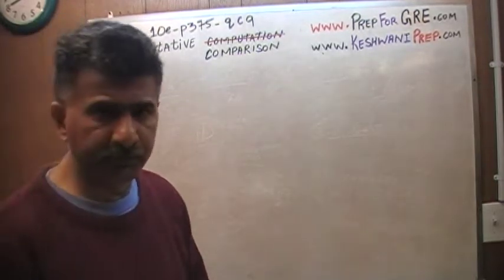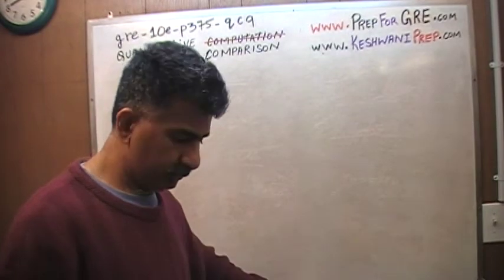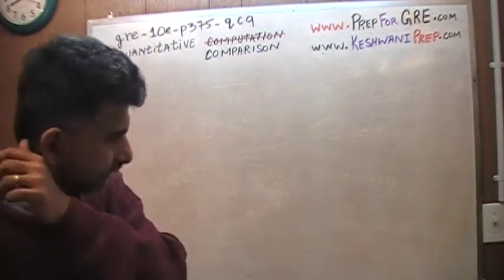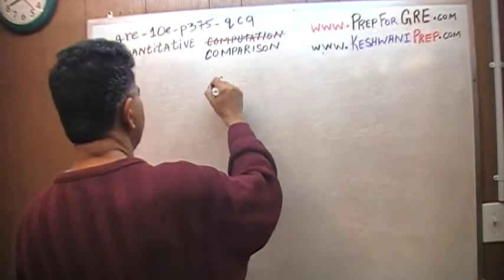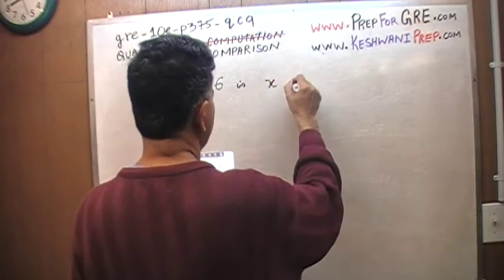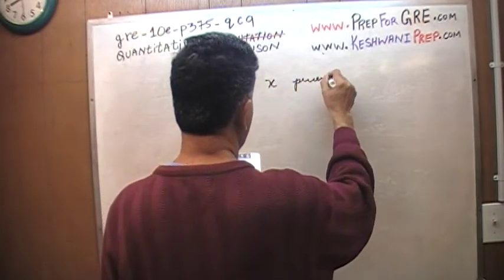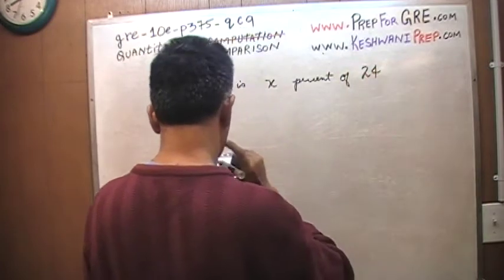About a third of the people who took the exam got this question wrong. Only 65% got it right. They tell us 6 is X percent of 24.